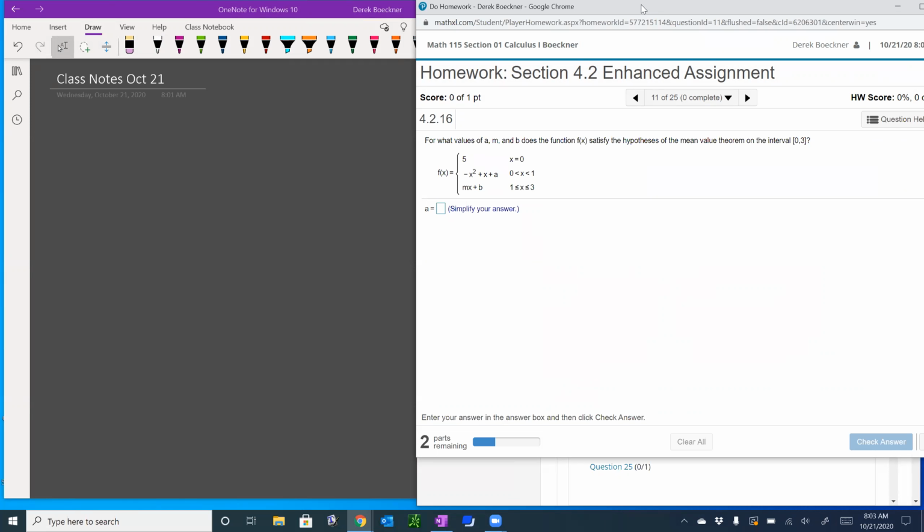The slope of the secant line, anyway. Yep, at least one point on the curve has the same derivative as the average slope from the two endpoints of the interval.